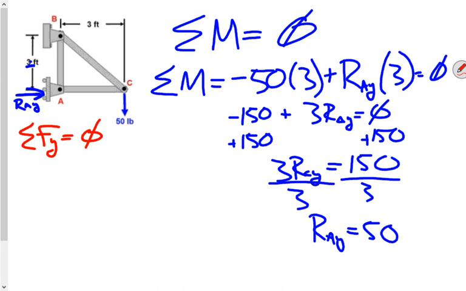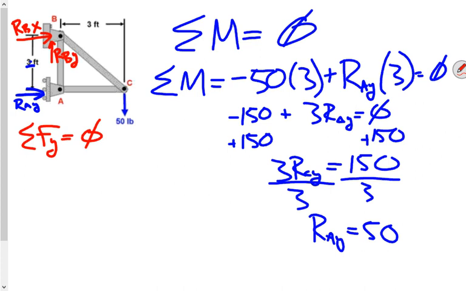And what's the only other force there that's going to help fight against that? There's no Y force for A, right? The only other Y force we have is RBY.